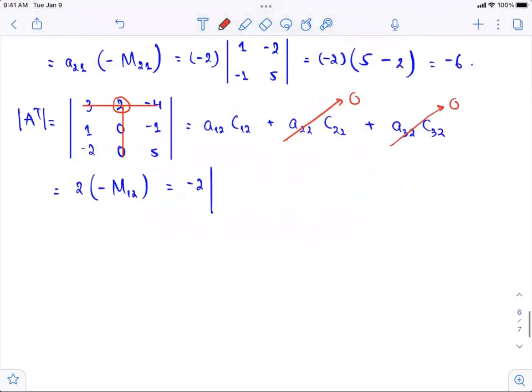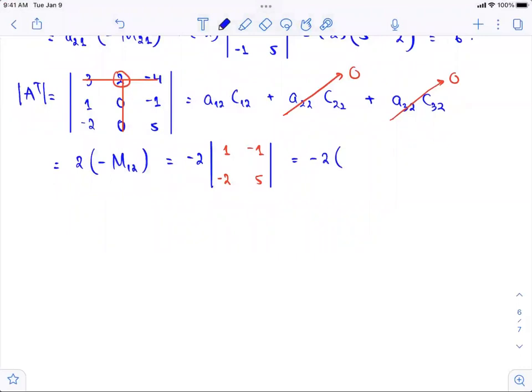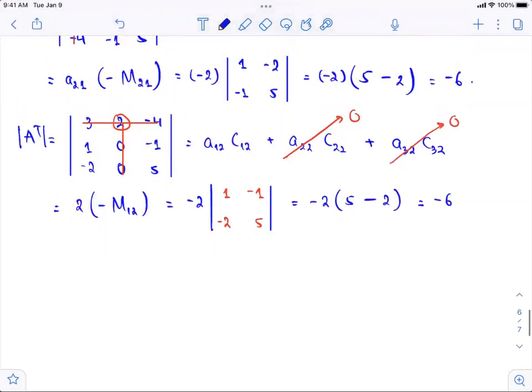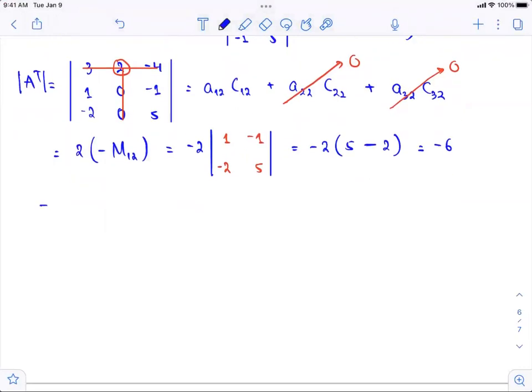You're left with the entries 1, -1, -2, 5. The determinant becomes -2 times (5 minus 2), which is equal to -6 as well. So therefore, we verify that the determinant of A is equal to the determinant of its transpose.